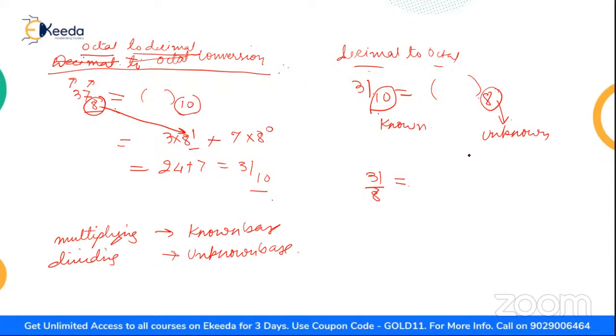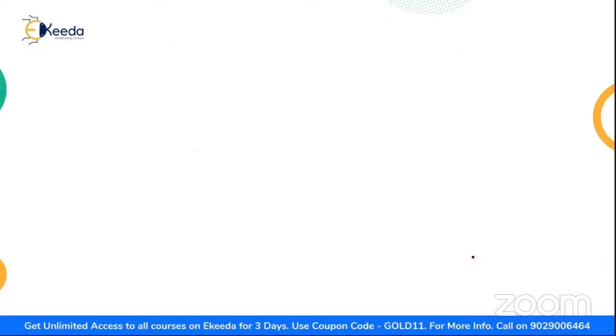That is quotient and remainder. 8 times 3 is 24, 31 minus 24 is 7. 3 by 8, quotient is 0, remainder is 3. So from bottom to top, this will be 37 octal. So this is octal to decimal and decimal to octal.